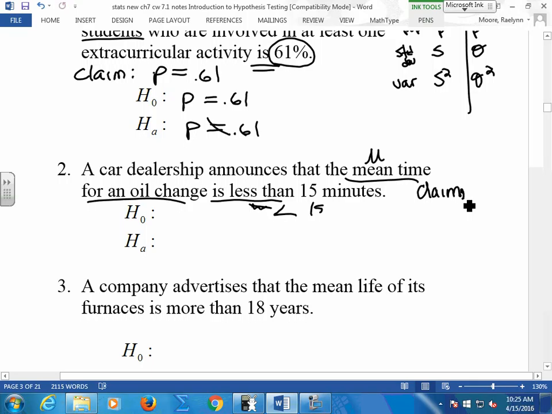I claim the mean time is less than 15 minutes. Does this have an equal sign or no? No. This goes in my HA. This time I'm using mean. I'm using the mu, the little u. What's the opposite of less than? Greater than or equal to. That's my null.